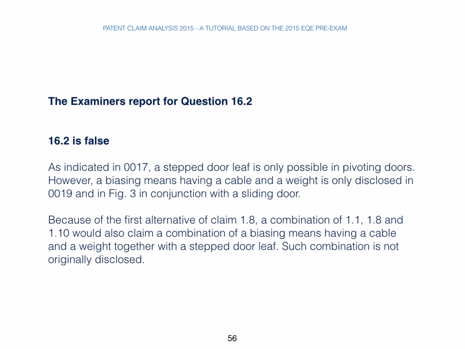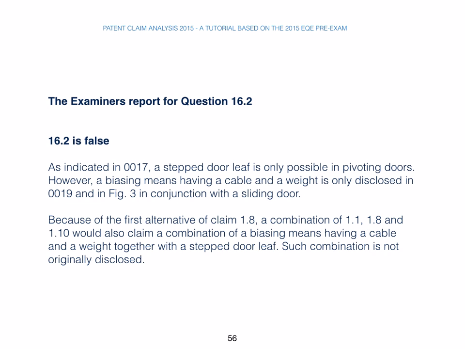The examiners say that statement 16.2 is false. As indicated in paragraph 17, a stepped door leaf is only possible in pivoting doors. However, a biasing means having a cable and a weight is only disclosed in paragraph 19 and in figure 3 in conjunction with the sliding door.